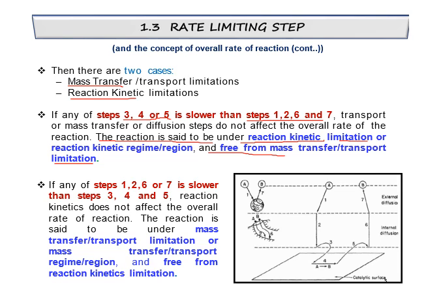But if step 1, 2, 6, or 7, as previously defined as the mass transfer steps, is slower than step 3, 4, or 5, it means that the overall reaction is under mass transfer or transport limitation, and it is free from reaction kinetics limitation.